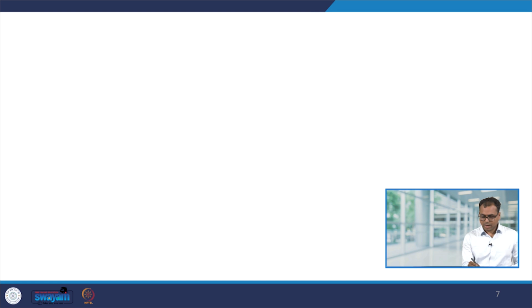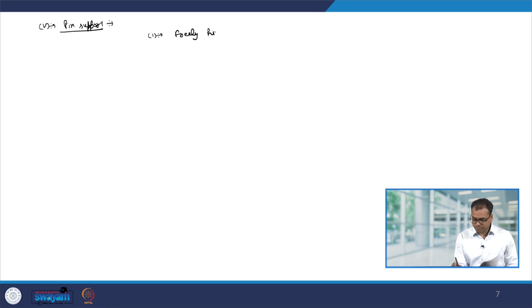Now, we can also have the pin support. So, for example, let us say we have a pin which is free to rotate. So, it is called the freely hinged pin.